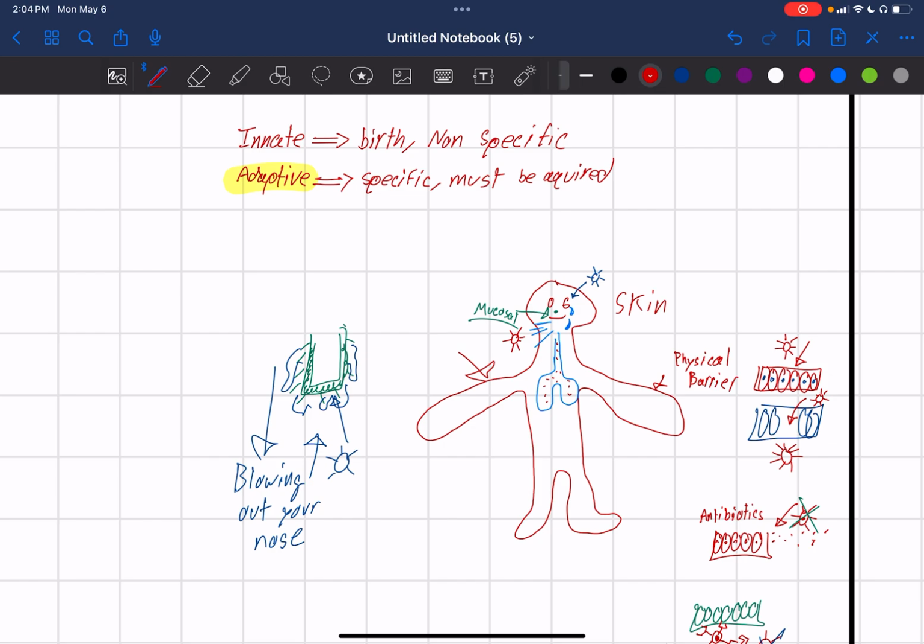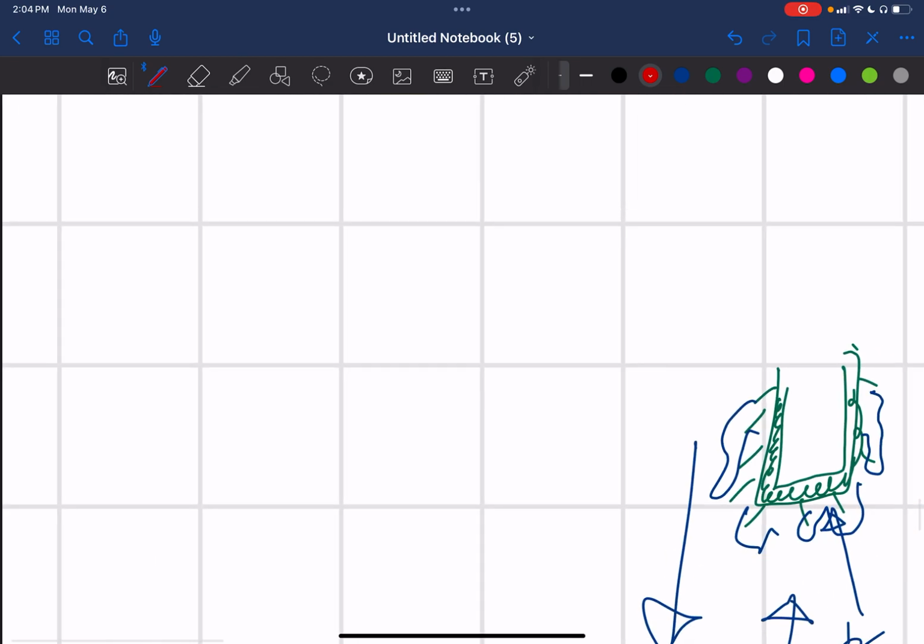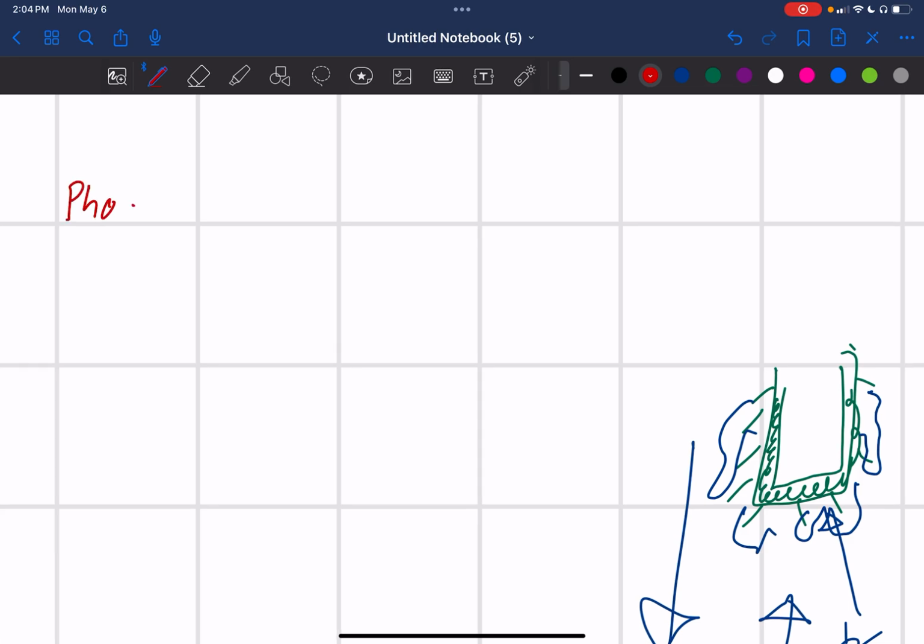So we have different types of components, and within those components, we have other specialized cells as well. We have specialized cells called phagocytes, and these phagocytes consist of neutrophils and monocytes.